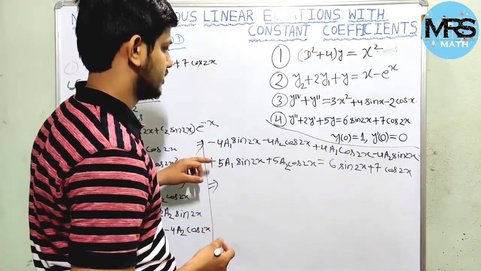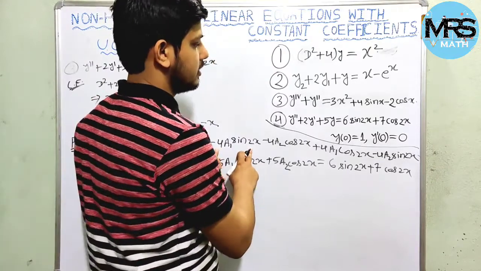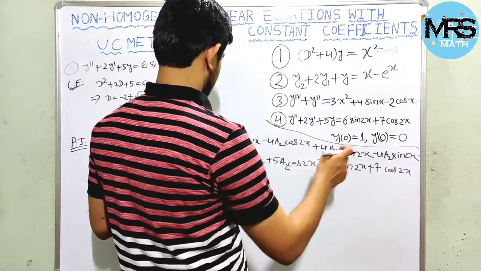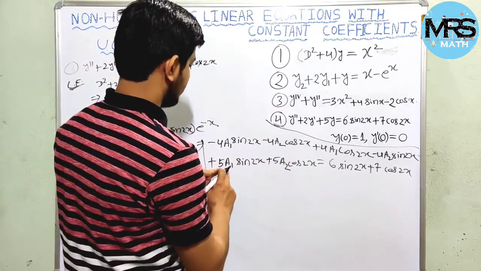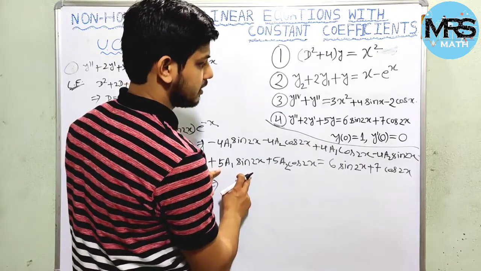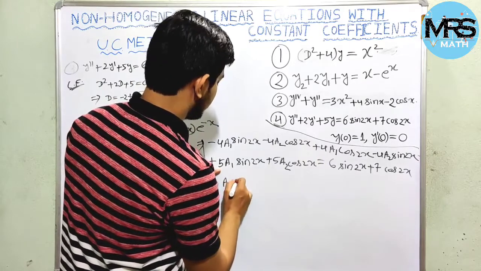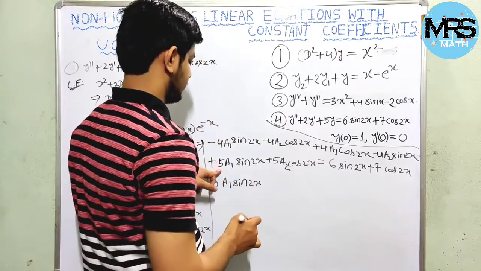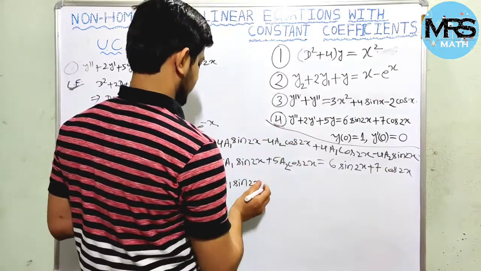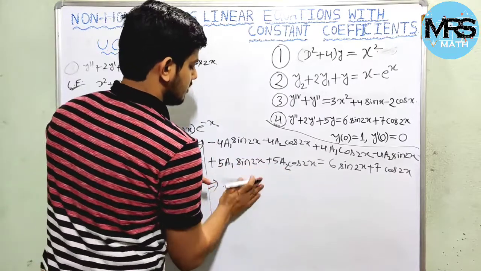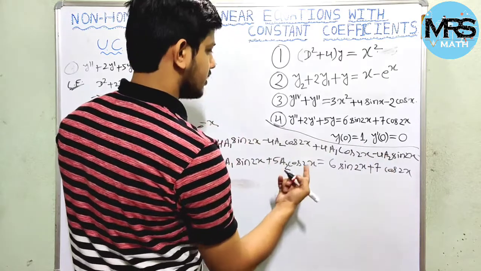Okay, so next step, what we can solve here: minus 4a1 sin 2x, right? Here is sin 2x, here is sin 2x. So minus 4a1 plus 5a1 will be equal to a1 sin 2x, correct? So that is a2, that is different. Again minus 4a2 is there, right? So better we write once again, that is minus 4a2, only these three terms are there, right?